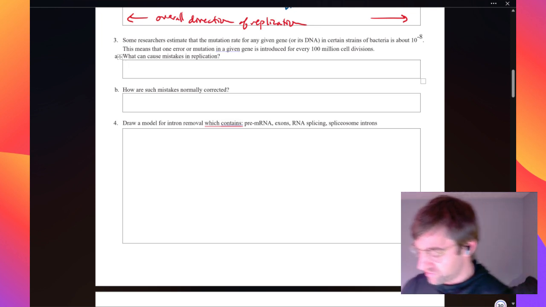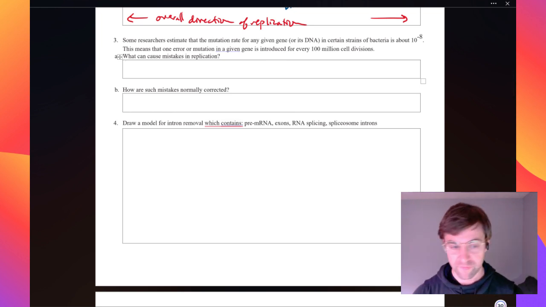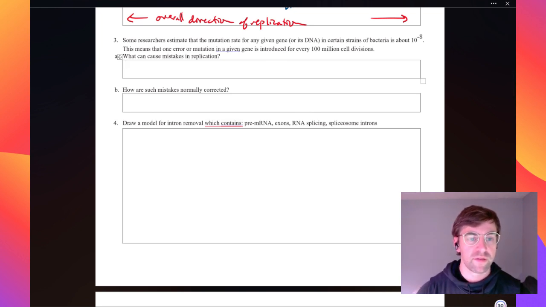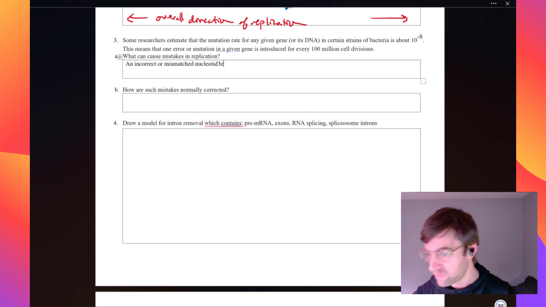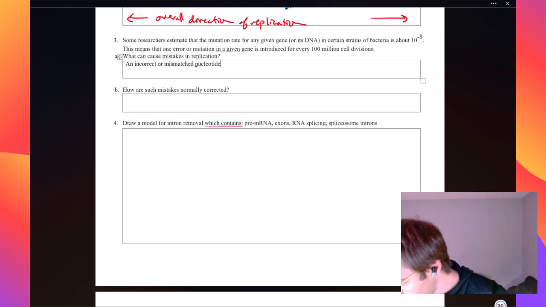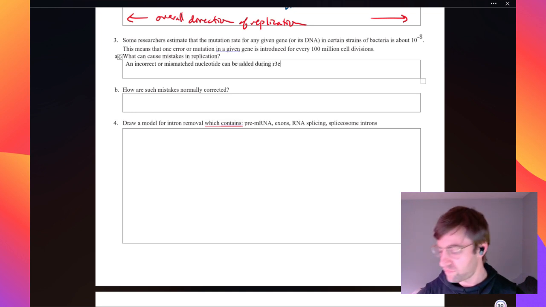Yeah, this is a good opportunity to type. All right. So what can cause mistakes in replication? An incorrect or mismatched nucleotide can be added during replication.